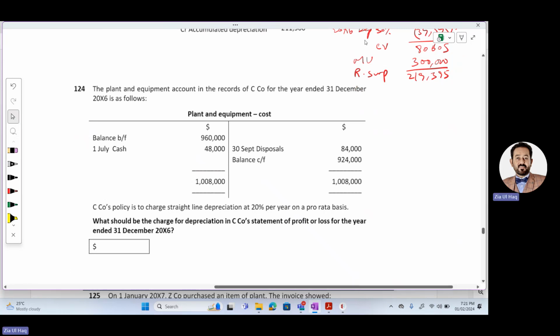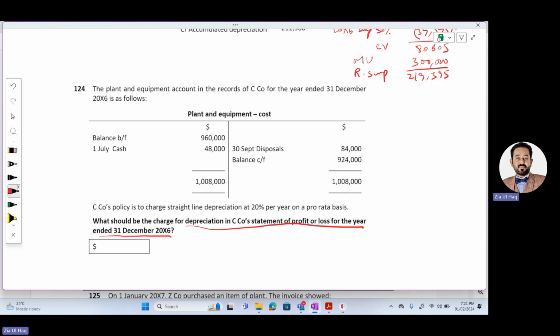What should be the charge for depreciation in C's statement of profit and loss for the year ended 31st December 2026? We need to calculate depreciation. The plant and equipment account in the records of C company is as follows.